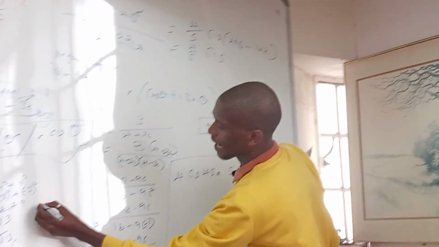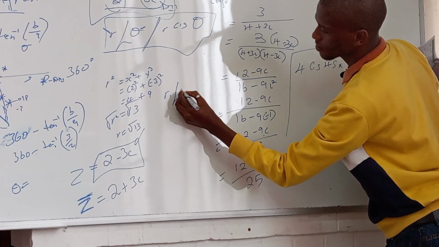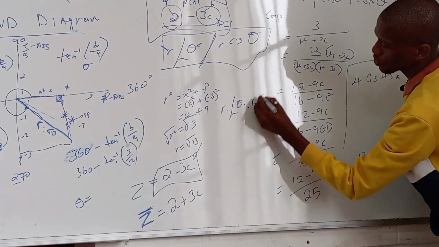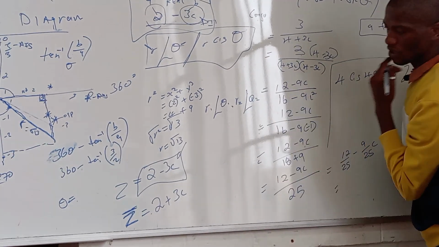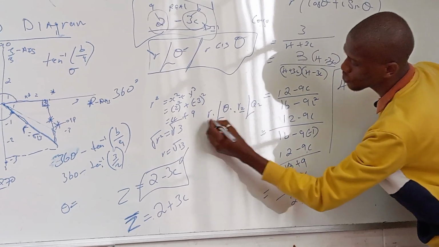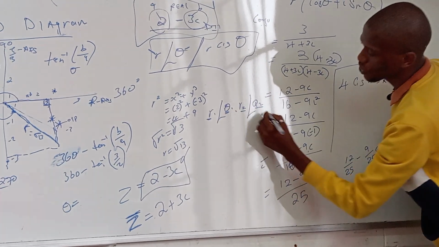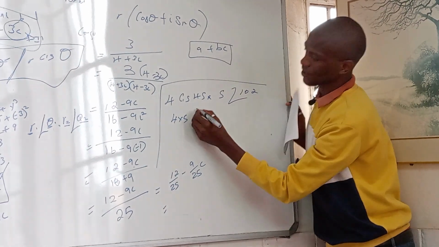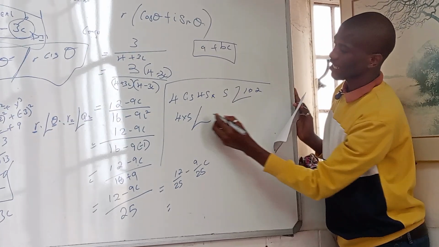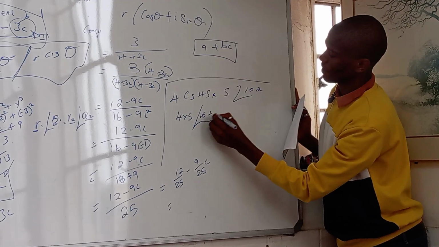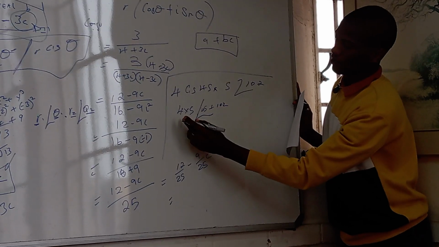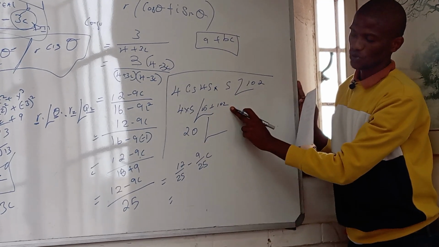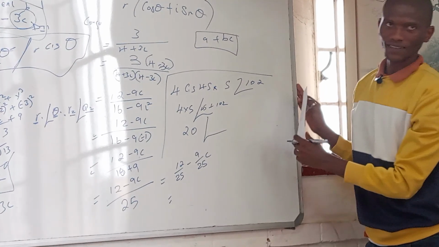Because this thing is like r1, then we have argument 1, times r2, then we've got our argument 2 there. What do we do? We times our modulus, but the arguments, we add them. So here will be 4 times 5. We write our cis. Then we say 45 plus 102. 4 times 5, I think the answer is 20, and you just add these ones. You get your answer there.